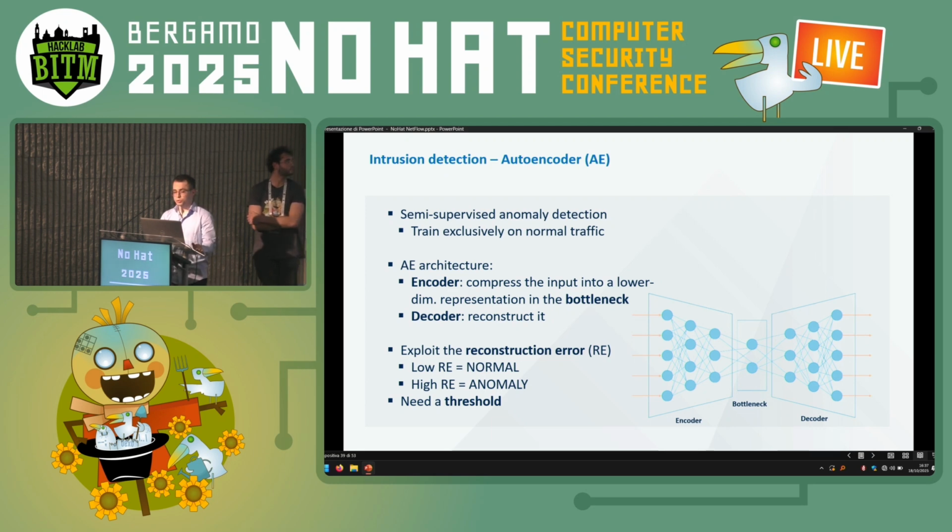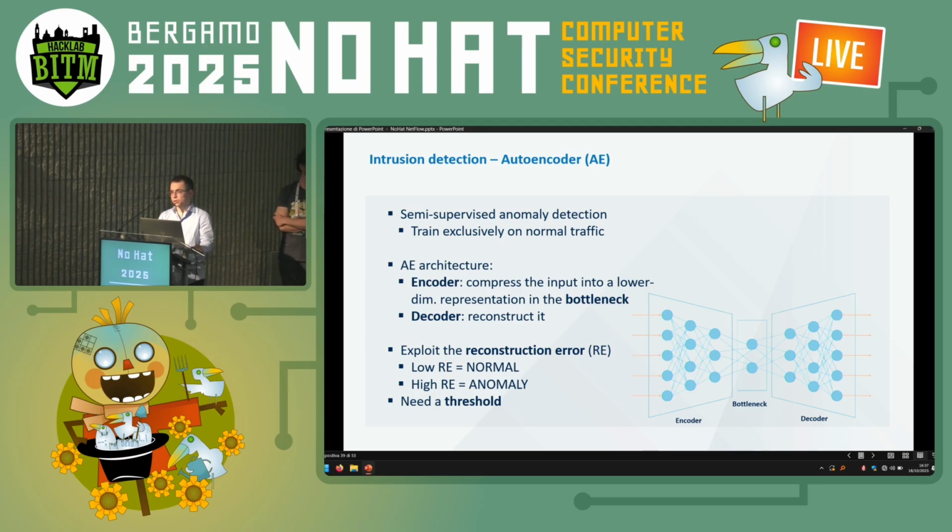So now I'm going to show you a deep learning technique for intrusion detection that typically works well with data generated using NetFlowMeter. So this is a semi-supervised anomaly detection technique where we train exclusively on normal traffic. A classic model used for this purpose is the autoencoder.